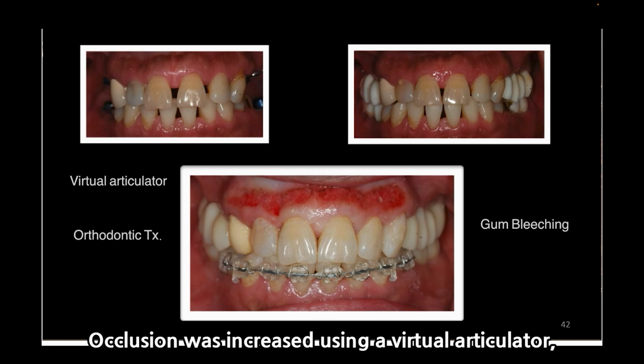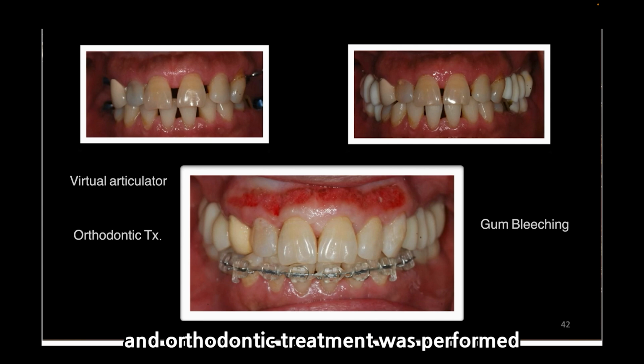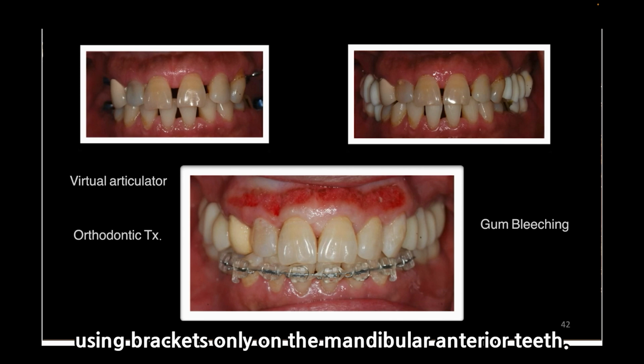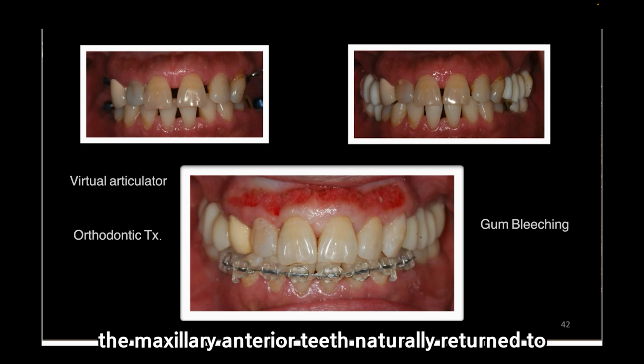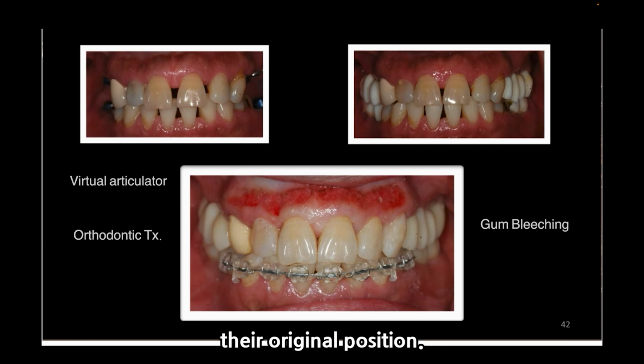Occlusion was increased using a vertical articulator, and orthodontic treatment was performed using brackets only on the mandibular anterior teeth. Fortunately, with the proper posterior support, the maxillary anterior teeth naturally returned to their original position.